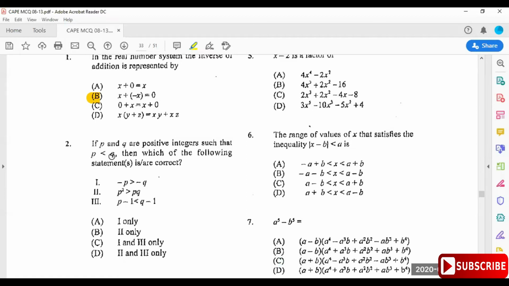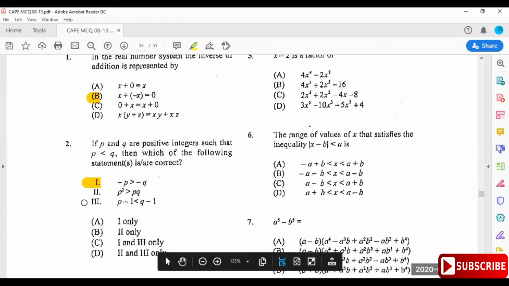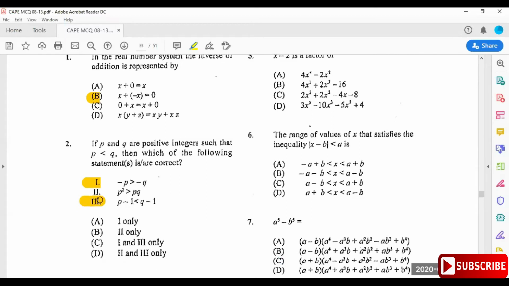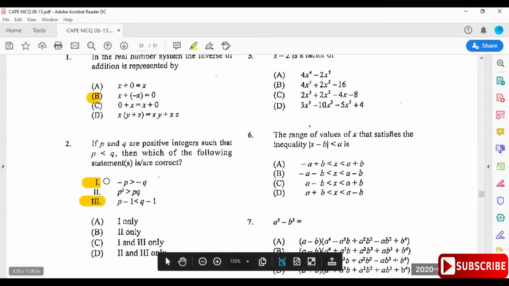So 2 is less than 3, and when you put the negatives, you notice that negative 2 is not less than negative 3, but negative 2 is greater than negative 3. And so 1 is true. If you subtract 1 from both sides, you know that 3 is automatically true. For this question, you don't see any option with all 3 being true, so you don't need to check the second one. So it would be 1 and 3 is true.